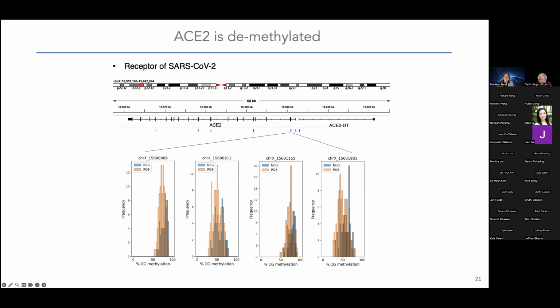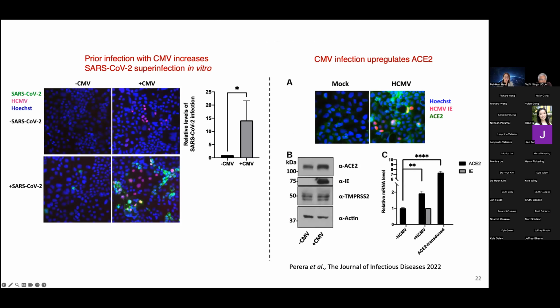So for these ACE2 regions, something interesting is that several studies have been published on a feature called CMV and SARS-CoV-2 superinfection in vitro.